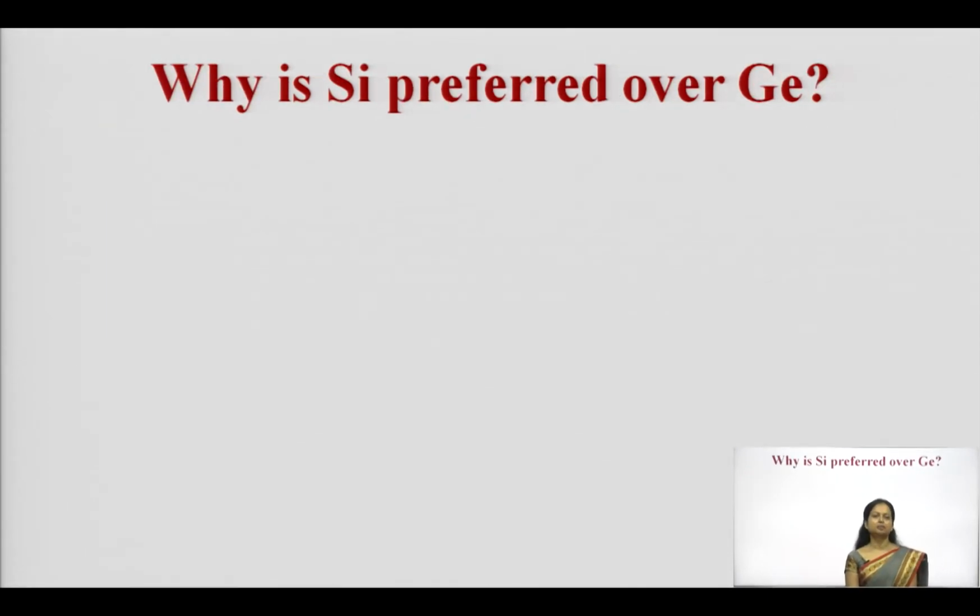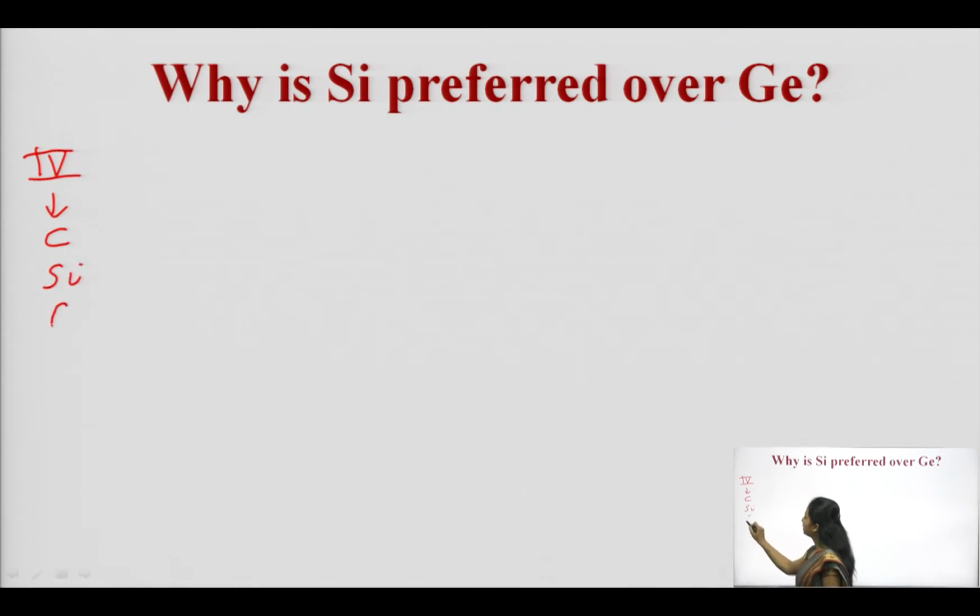Why is silicon preferred over germanium? What are the various factors because of which you can say that it is the preferred one? As I have told you, group 4 elements which you have studied in the periodic table: carbon, silicon, germanium, all these elements can be taken as semiconductor materials.